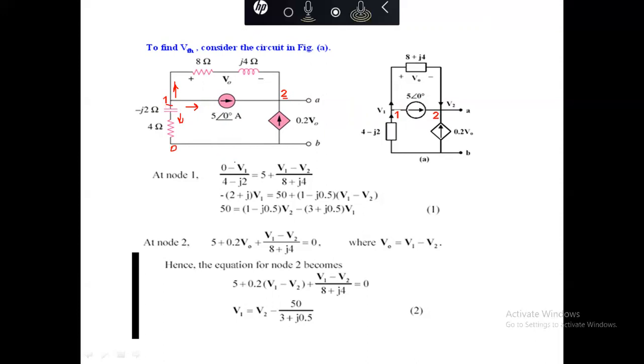So when we apply this, we have moved here this current.